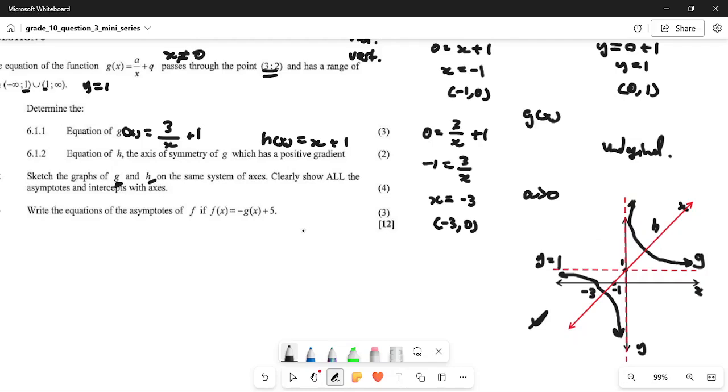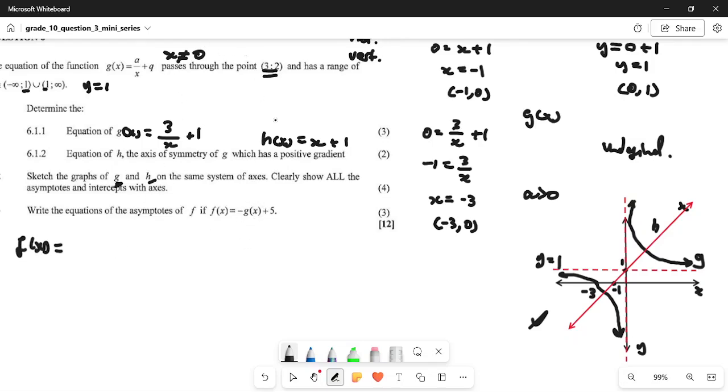And then the last question: write down the equations of the asymptotes of f if f of x is equal to -g of x plus 5. So now they created a new function f of x, right? What they did was multiply the function g by -1.